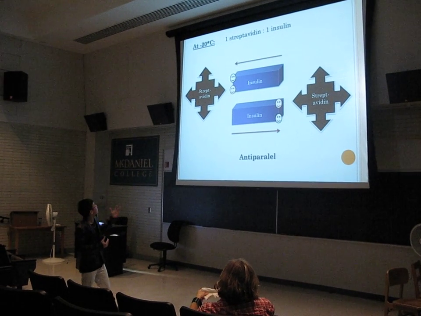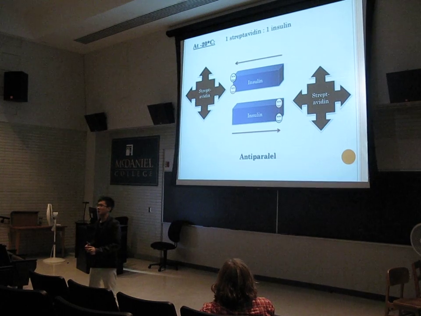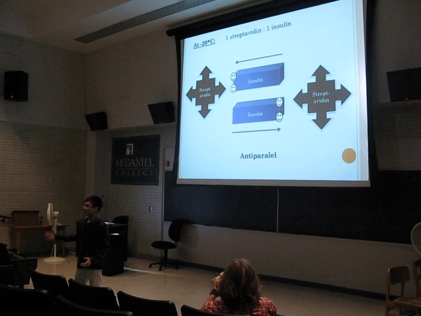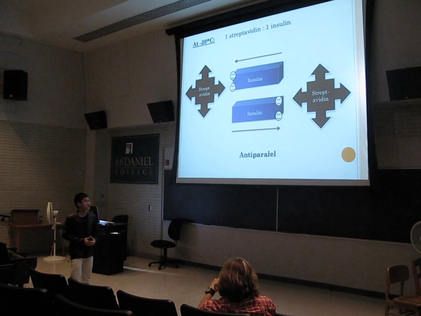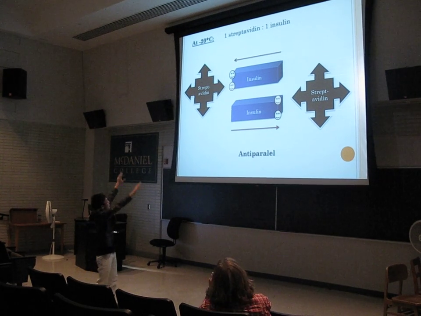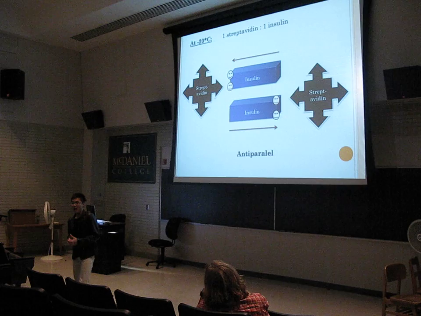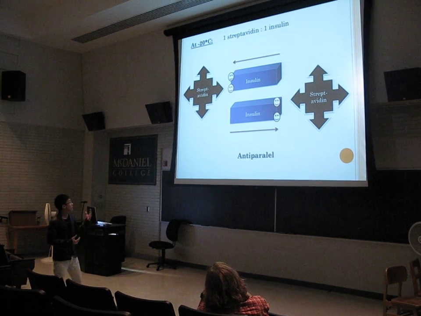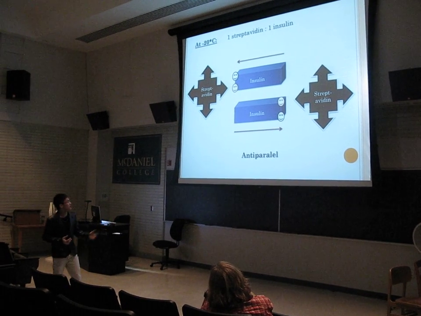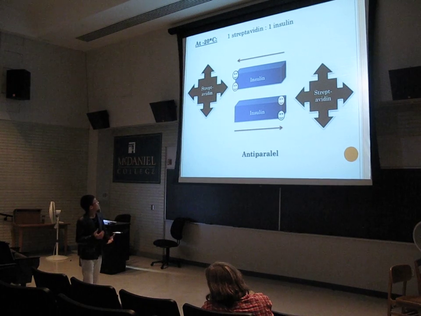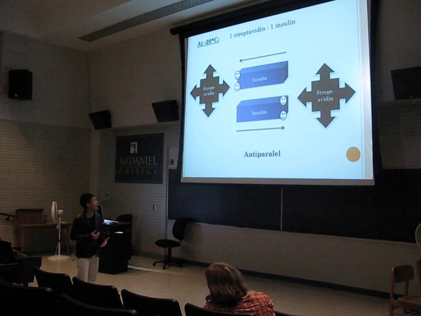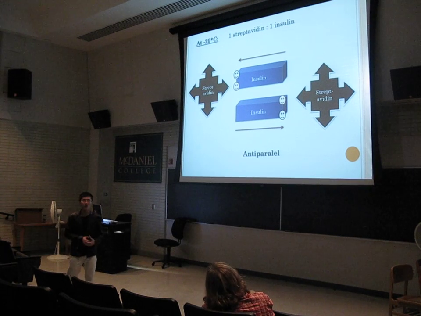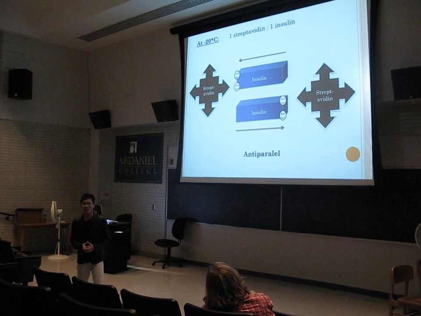The size of the streptavidin is too big to bind on the same side of the fibril. So I have to come up with 2 possibilities to allow the streptavidin to bind on 2 different sides of the fibril. The first possibility is that insulin will have an anti-parallel conformation instead of the normal parallel conformation.